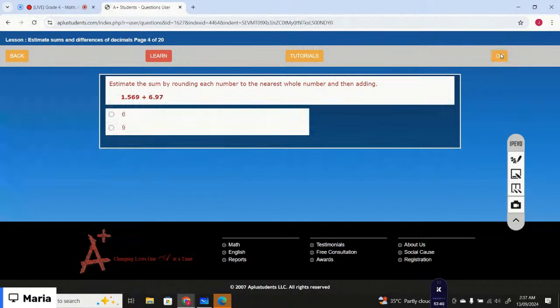The next one is 1.569 plus 6.97. So which is the correct option?